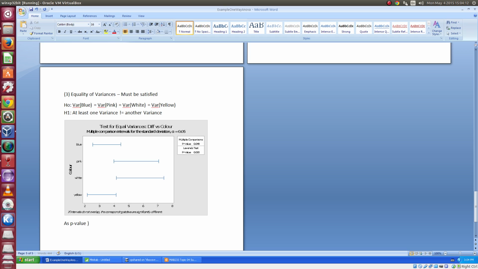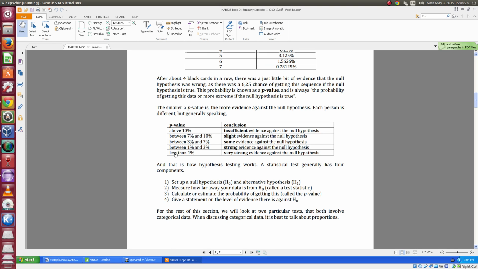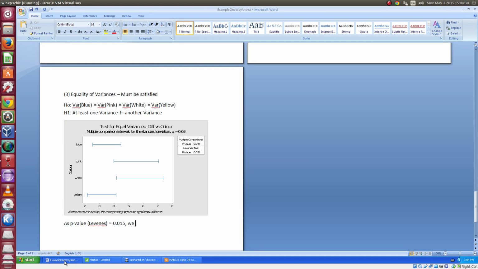So the p-value for Levene's is equal to 0.015, so 1.5%. So we're between 1% and 3%. We have strong evidence against the null hypothesis.